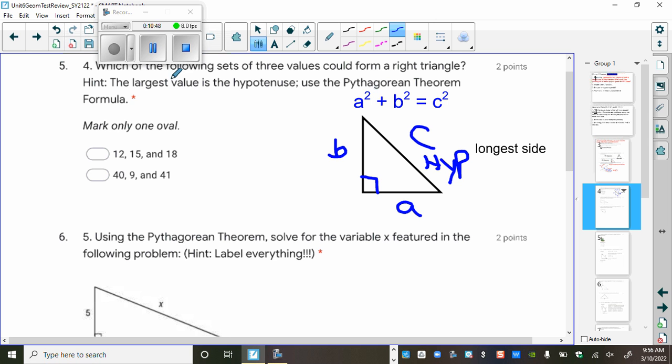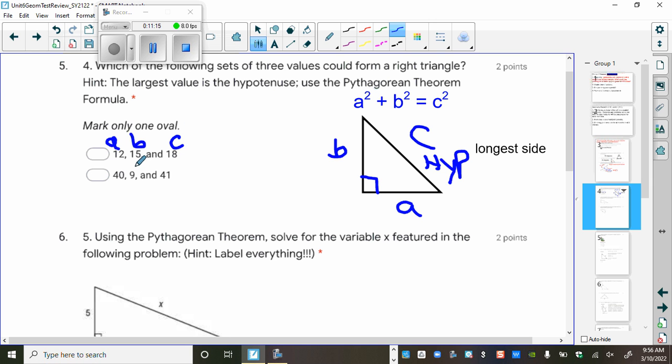So for these two, well, this one, you have to figure out which of the following sets. So if I have an A, B, C, you need to figure out if you square A plus square B, does it equal the square of C?